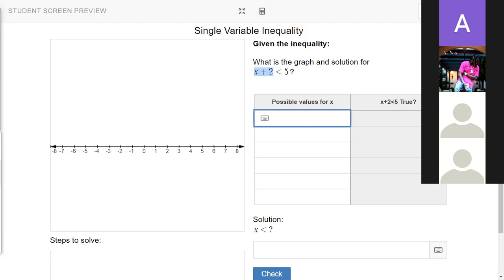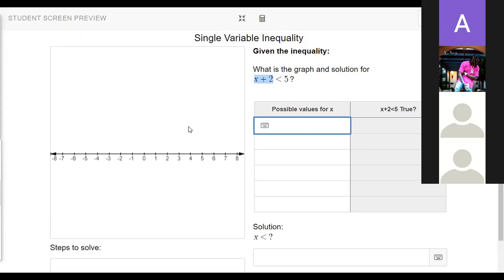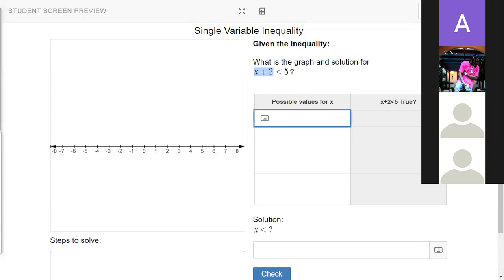What do you think, Isaiah? Isaiah, you can join the Desmos now. So if I add x to x plus 2, what's the number that's still less than 5?